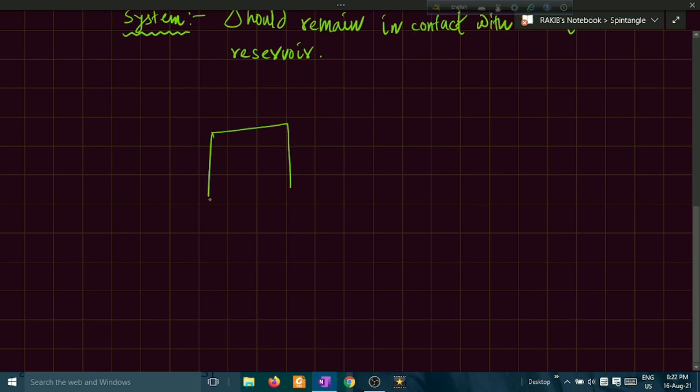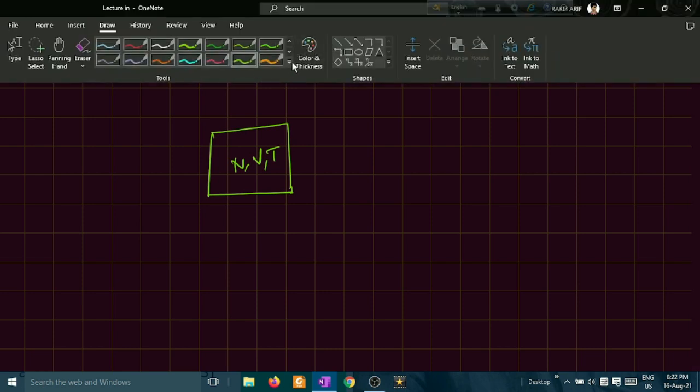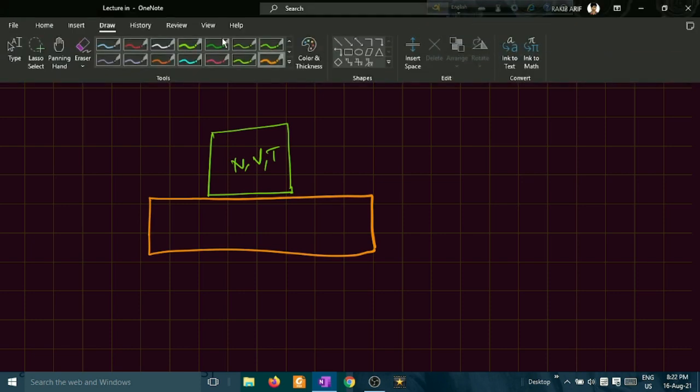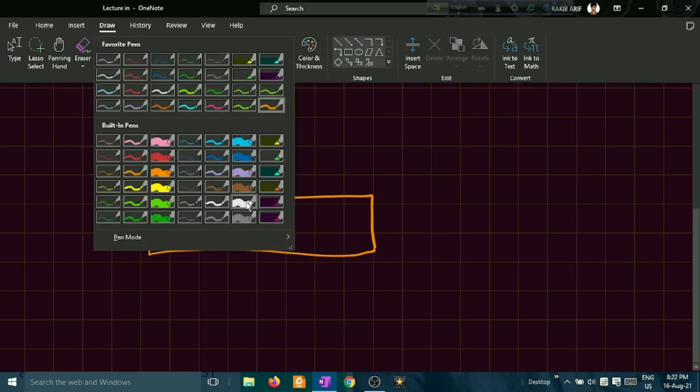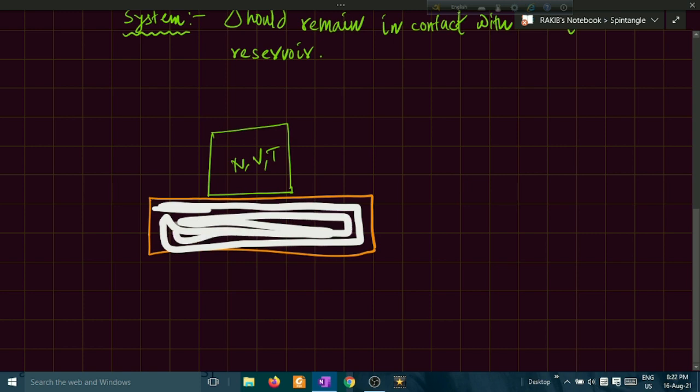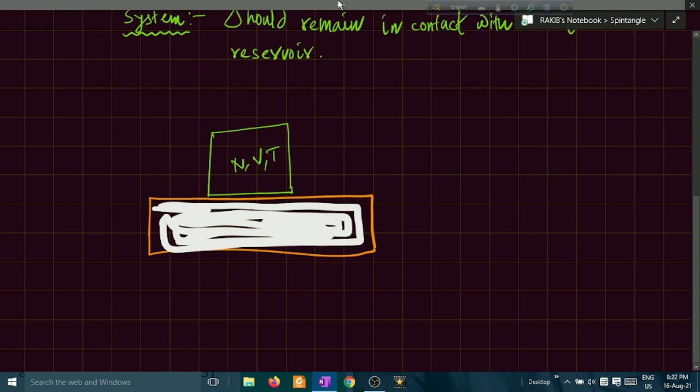This is the system, this is the macro state, defined as NVT, and it should remain in contact with a heat reservoir. This is the system, and it should remain in contact with the heat reservoir, this is the heat reservoir, or this is called an infinite heat bath.